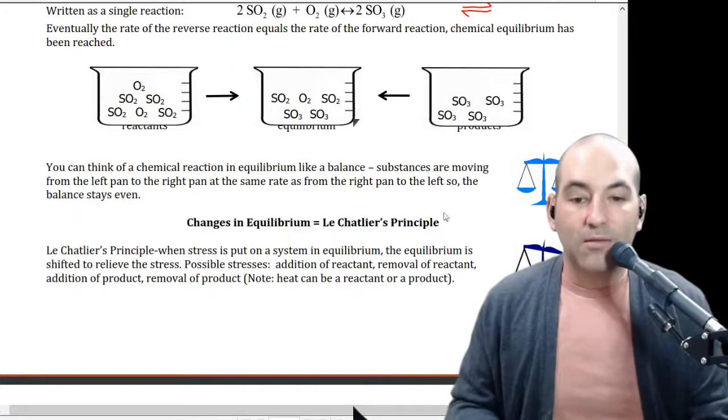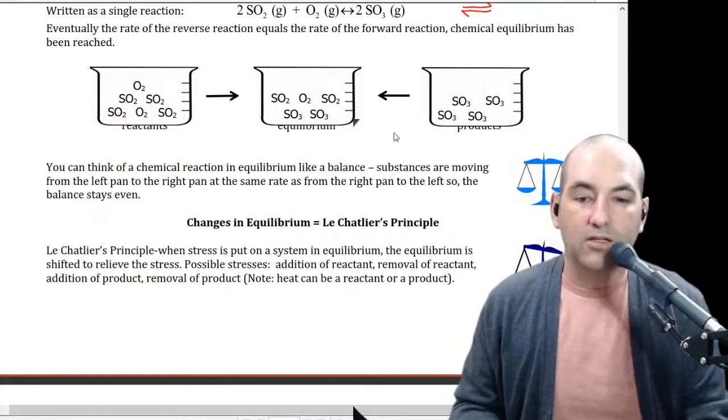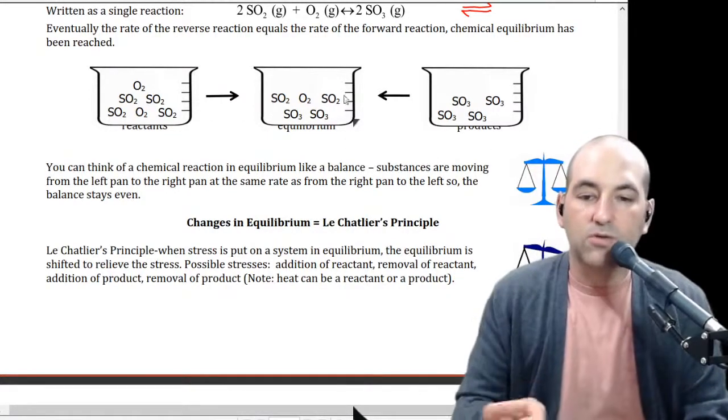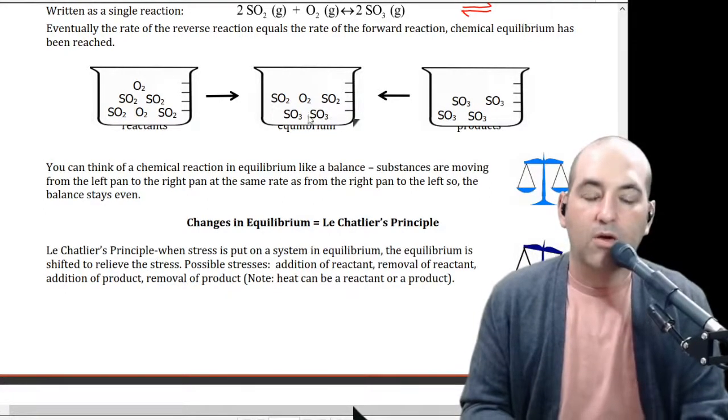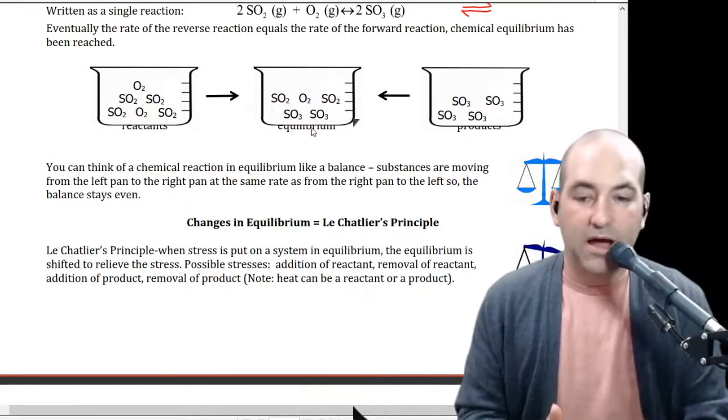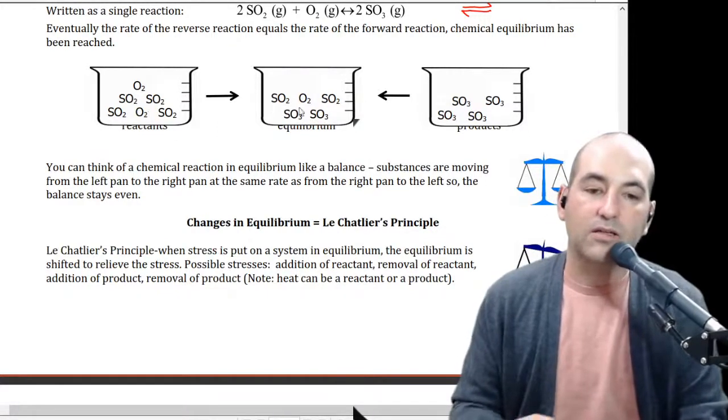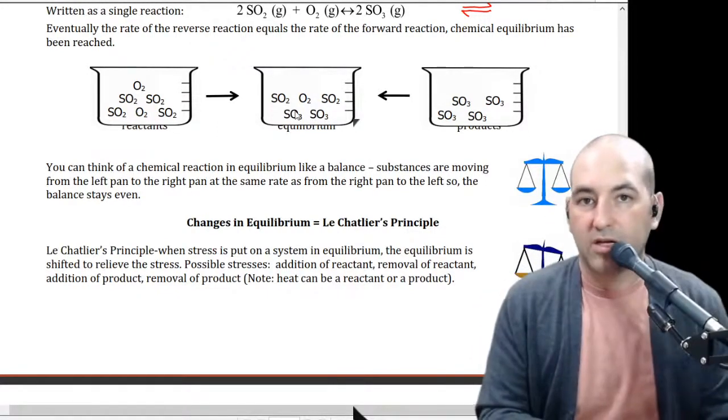But you can do the same thing by actually removing the product. So let's say you have some sort of tool where you can remove all of the SO3. Well, once again, it's no longer balanced, and so now the reactants are going to react a little bit more to give you some more SO3.